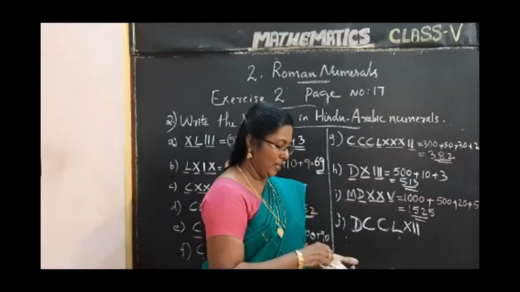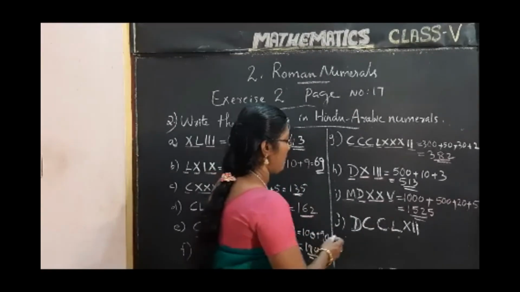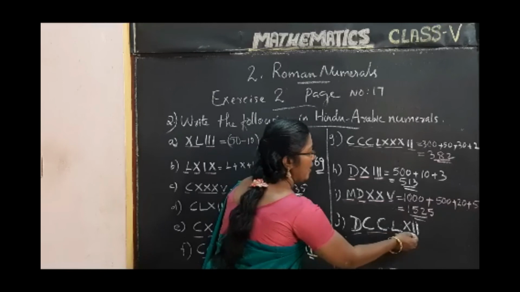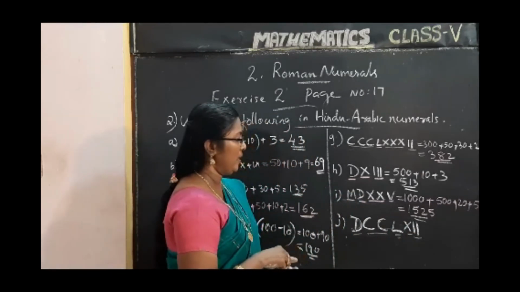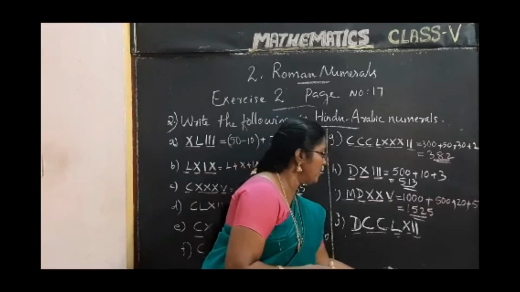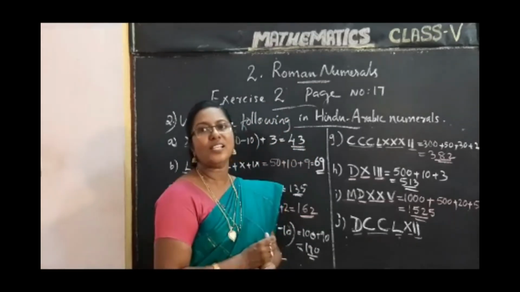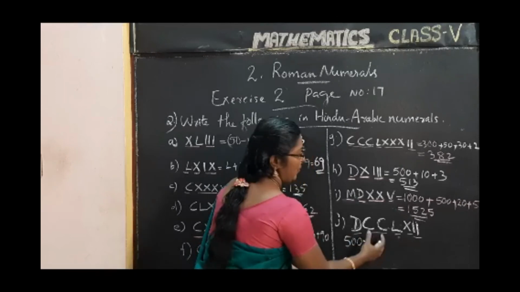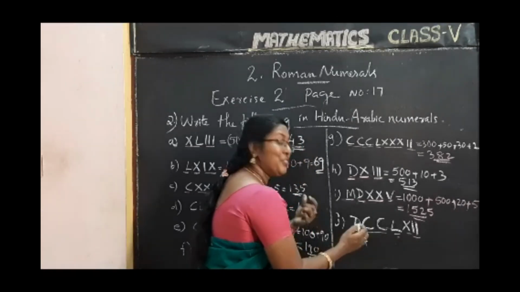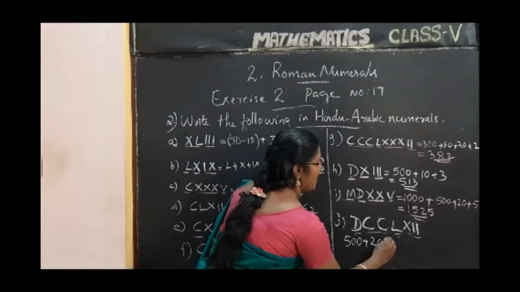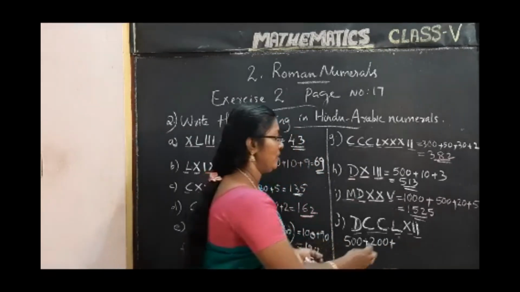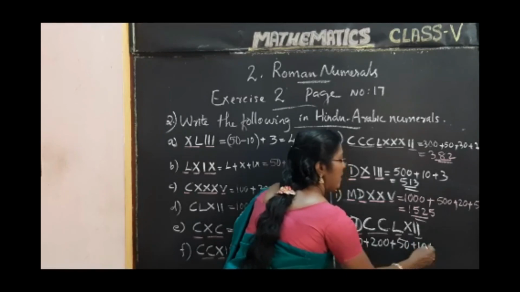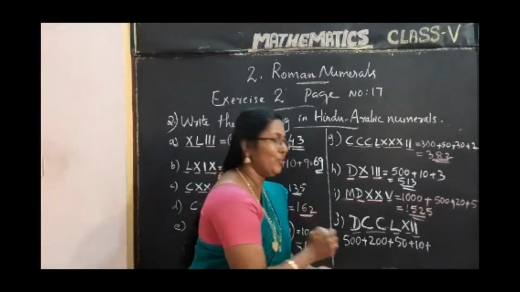The last question is DCCLXII. How will you split up these symbols? D denotes 500 plus 2C makes 200 plus L denotes 50. Then X denotes 10 plus II makes 2.